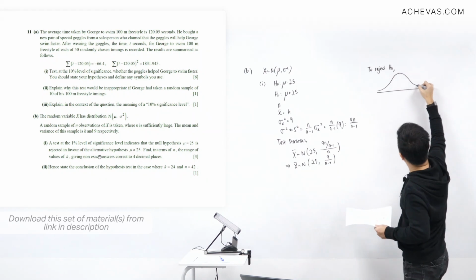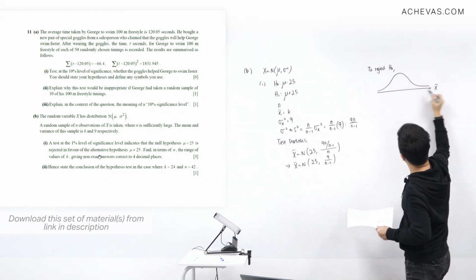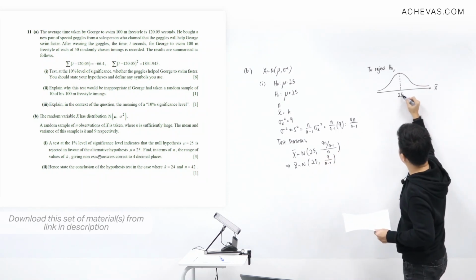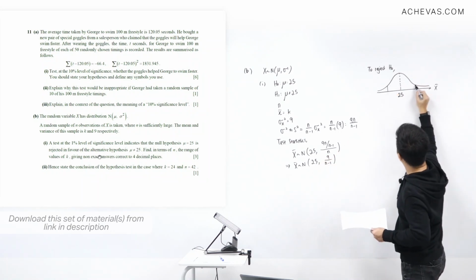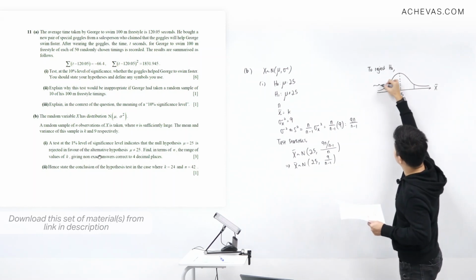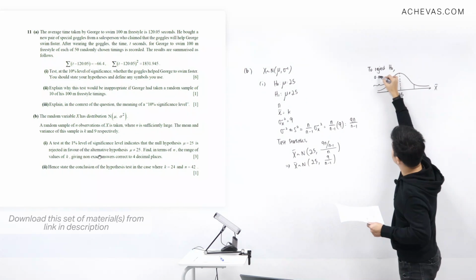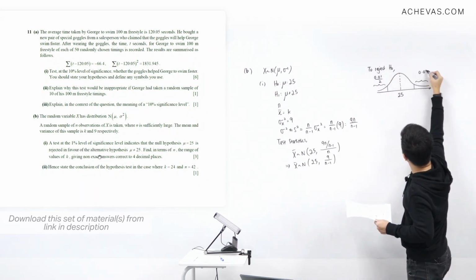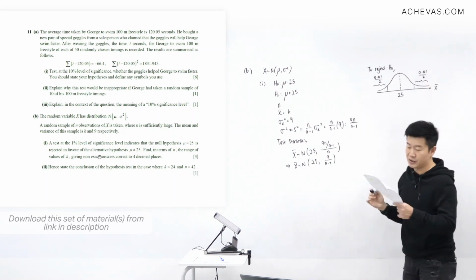So when we have our test statistics, X bar here, this is 25. Okay, and we are talking about a 1% level of significance. So for a 1% level of significance, we know that this area here is 0.01 divided by 2. This area here is also 0.01 divided by 2.